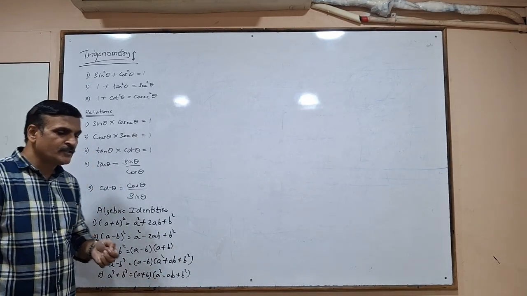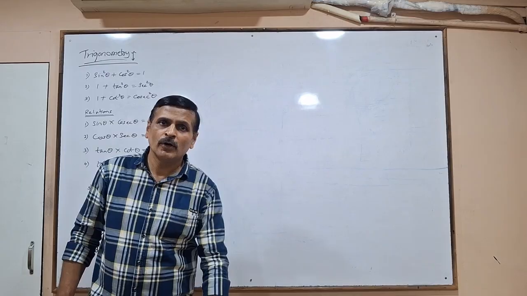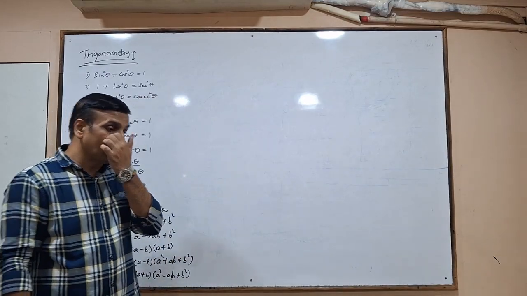These five identities normally are useful for solving trigonometric proving problems.